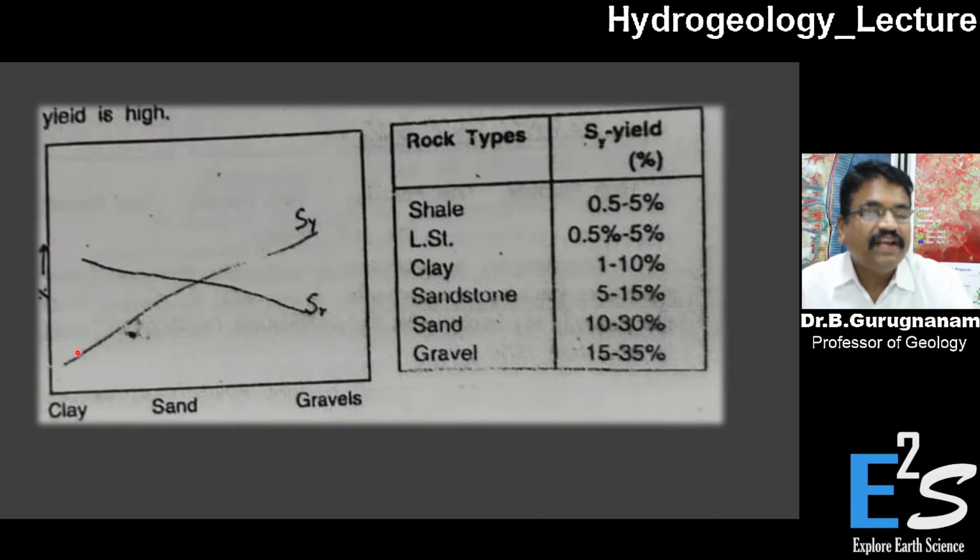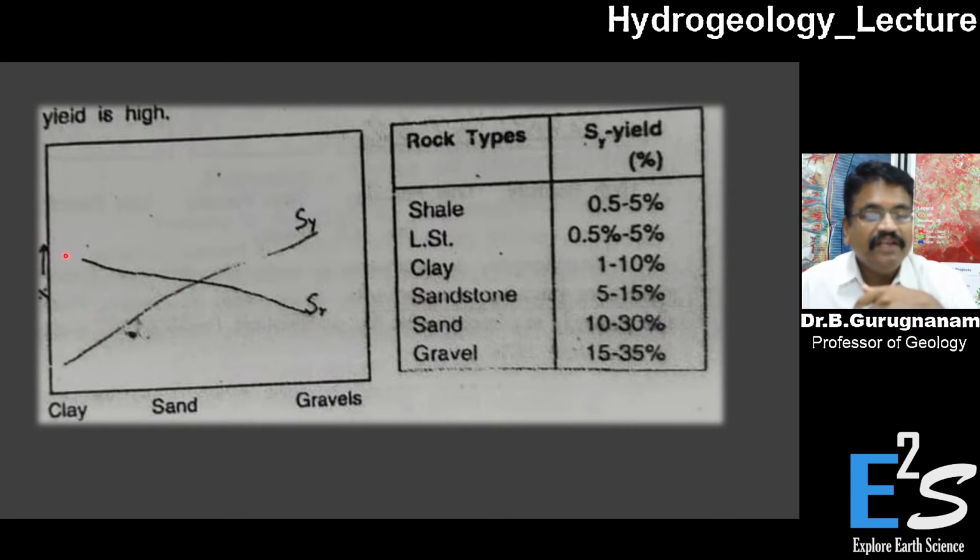This is a graph of how clay, sand and gravel behave. In clay the specific yield is low. Slowly the specific yield increases in sand, and in gravel it is high. Specific yield has a reverse relation with specific retention.